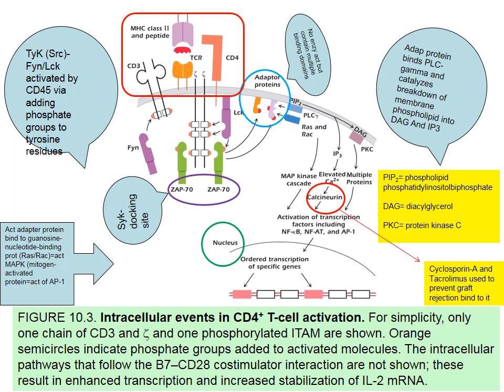Now, this is an oversimplified picture of intracellular events in CD4 T cell activation. Some of the steps have been omitted, but I would just want you to understand the first signal in this red box over here. You are familiar with that.